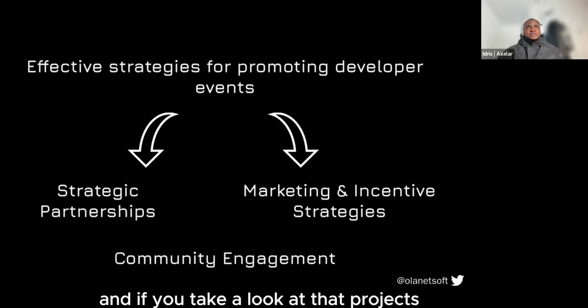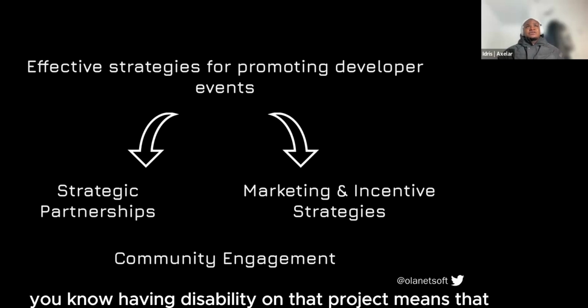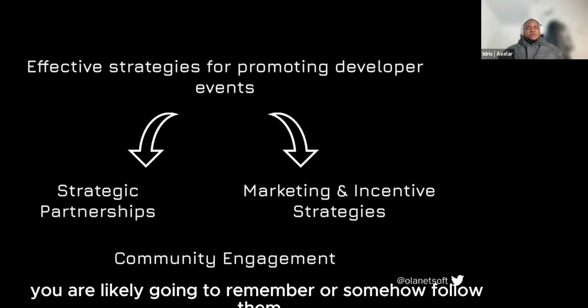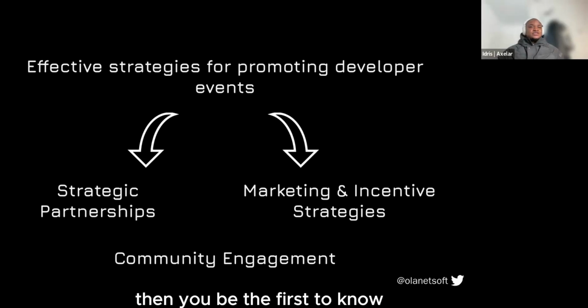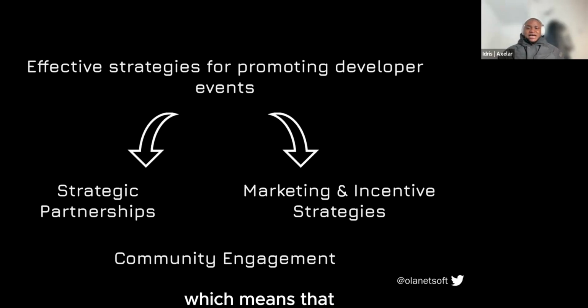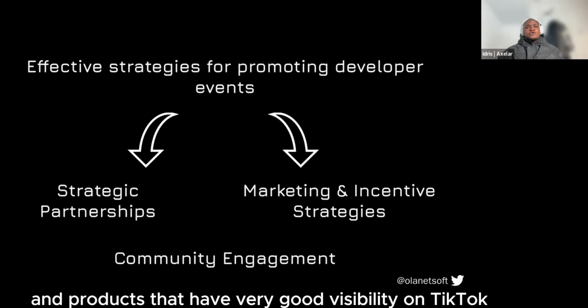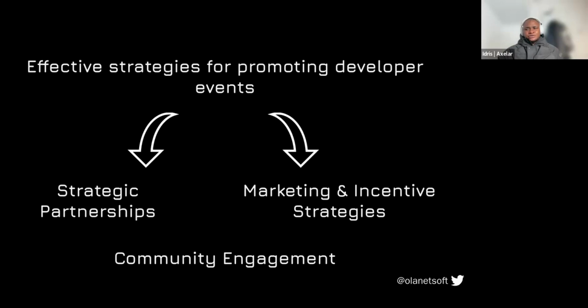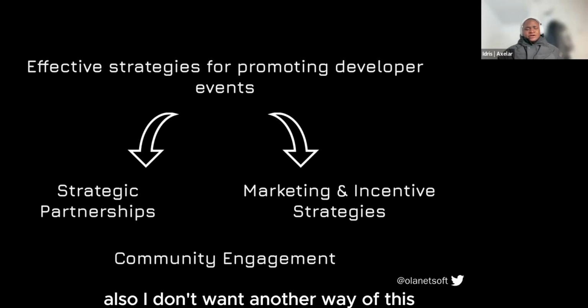If you take a look at such a project, having visibility means that whenever that project wants to organize something, you are likely to remember or somehow follow them. If they want to organize an event, you'll be the first to know, or you'll be aware of that particular event. Which means that doing any of these activities with products that have very good visibility on GitHub would automatically expose your events to their audience also.